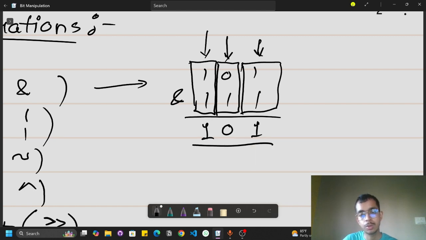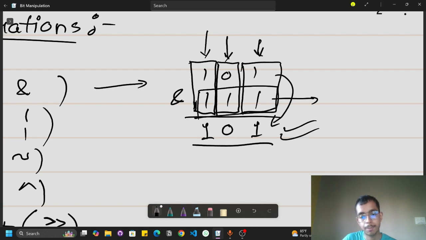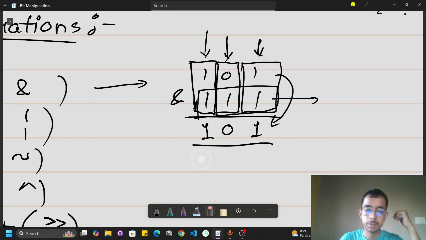So you can see that we actually got the same number, which says that if you AND anything with such a number which is all set to 1, you get the same number. Okay, you get the same number like here.